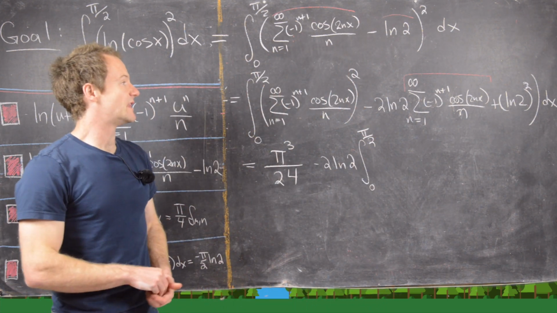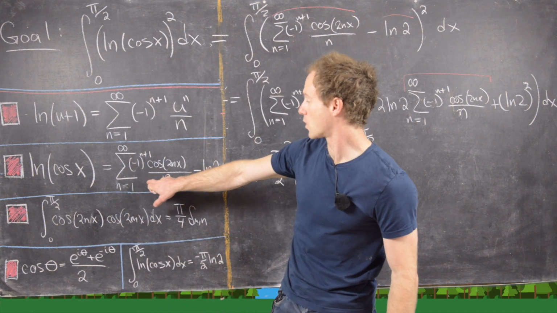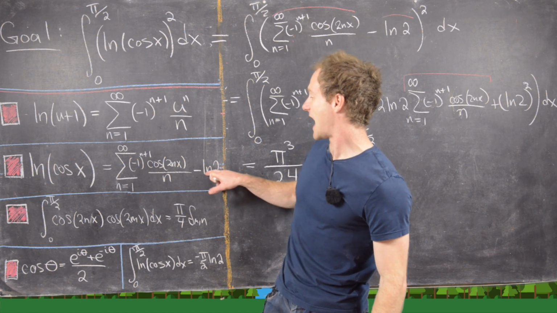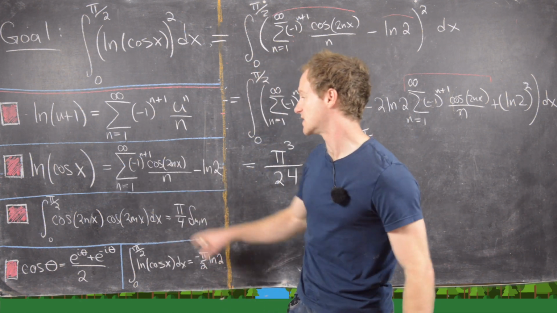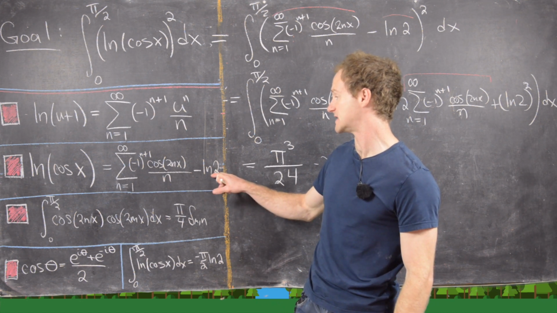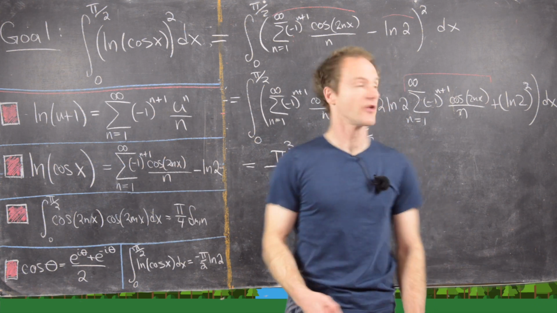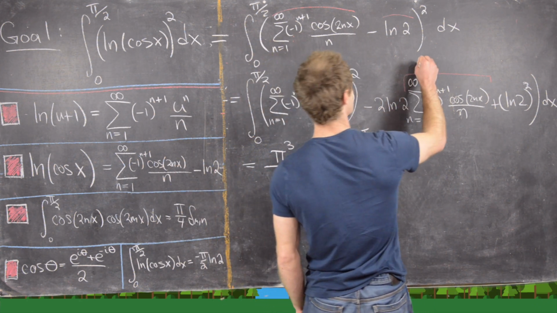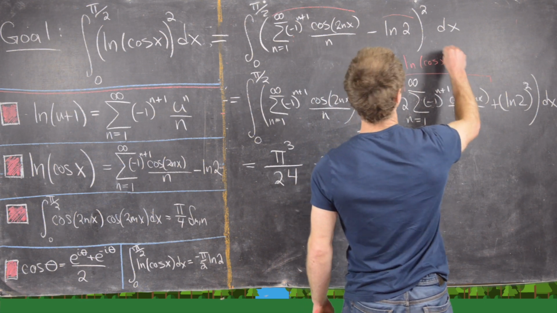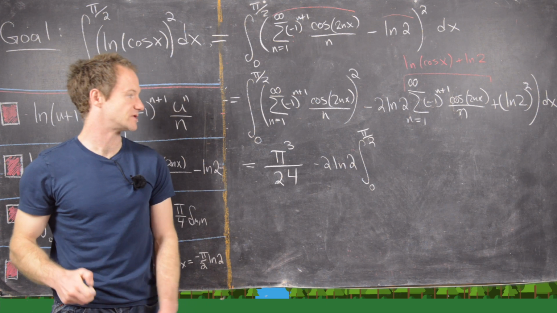But notice that this term, which I've overlined in red, is a portion of this guy over here. In fact, if I add natural log of 2 to both sides, I'll have exactly natural log of cosine of x plus natural log of 2 is equal to this guy right here. So in other words, I can replace this with natural log of cosine of x plus natural log of 2, and that's exactly what I'll do.